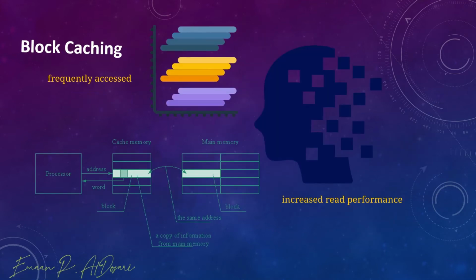The second topic is about block caching. The word caching in the Hadoop distributed file system is like memory. So what's the point of having block caching?